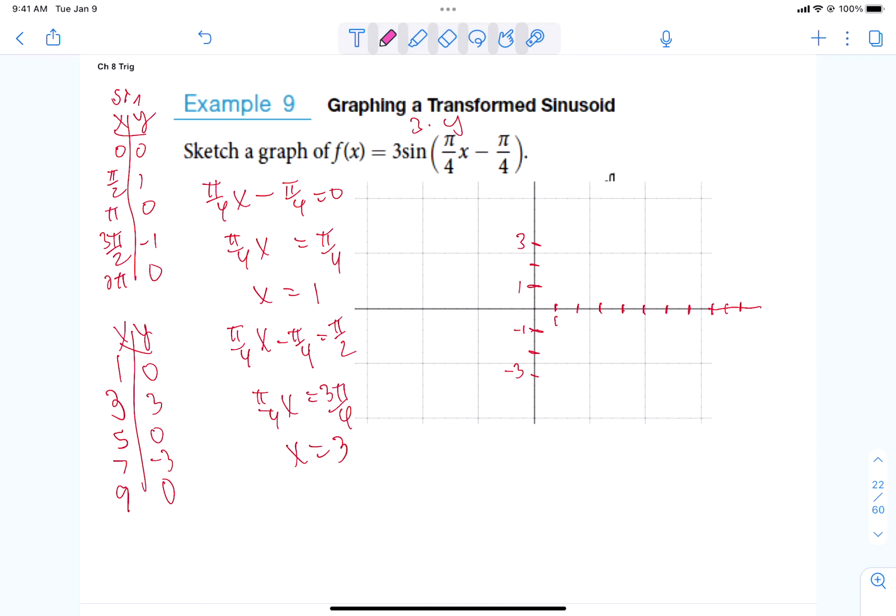Okay, so at 1, we are at 0. At 3, we are up at 3. At 5, we're back at 0. So there's a bump. And then at 7, we're down at negative 3. And at 9, we're back up. And then we could go the other way.